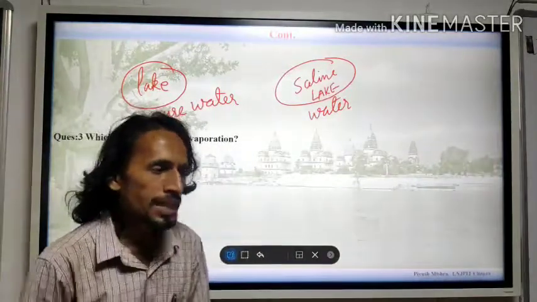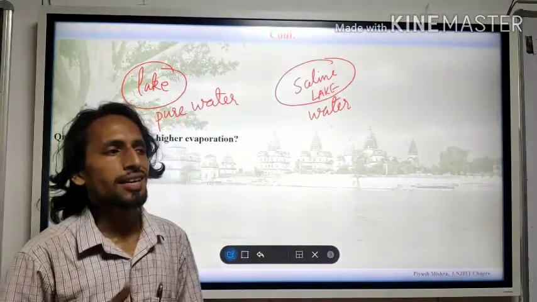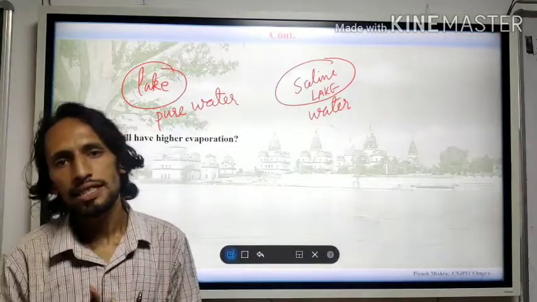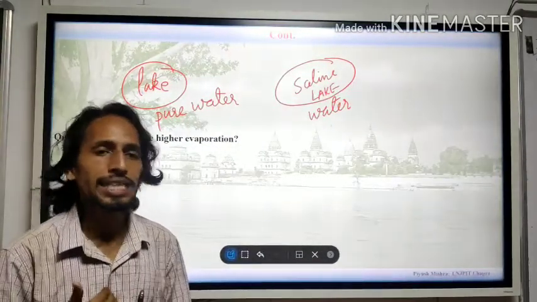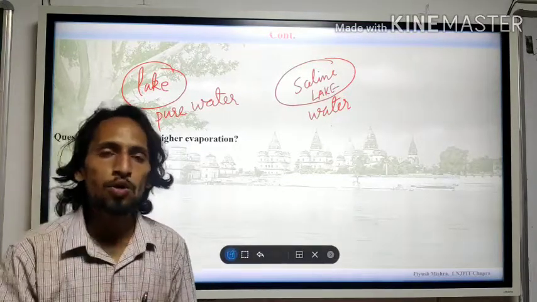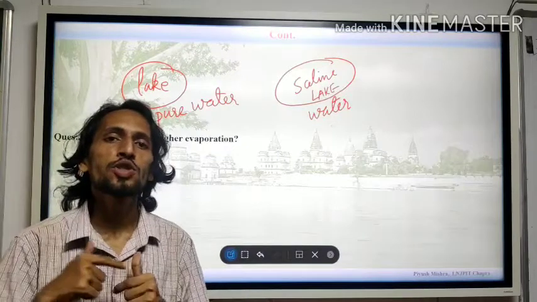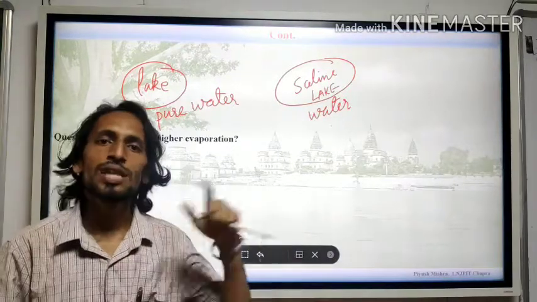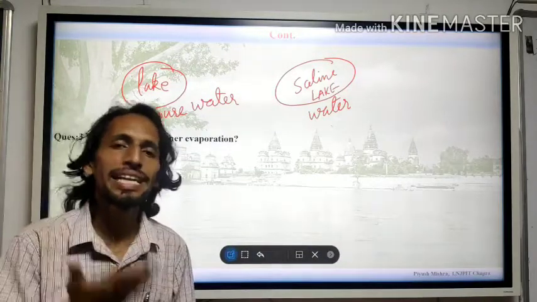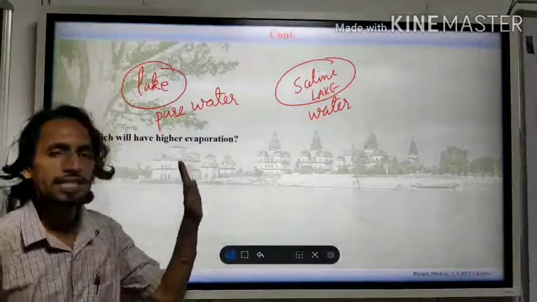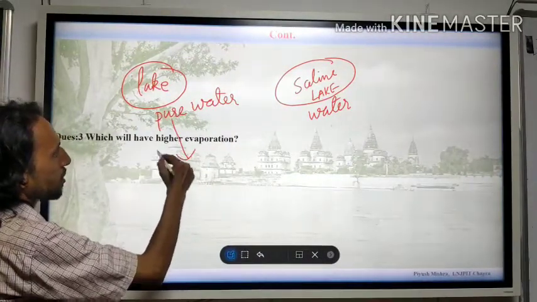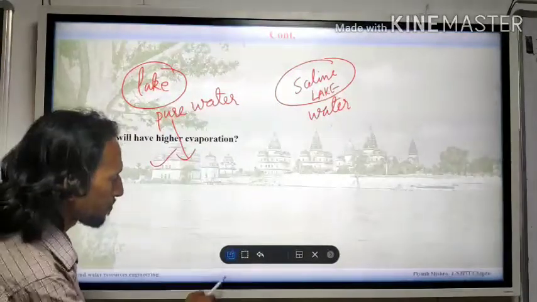That is why the evaporation rate in your oceans is lesser, but overall the evaporation from the ocean is higher because they have huge surface area. So surface area becomes a very important or dominating factor to answer this kind of question. For this one, this is your correct answer.